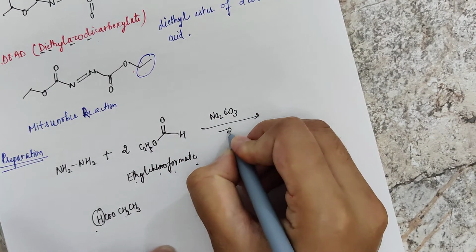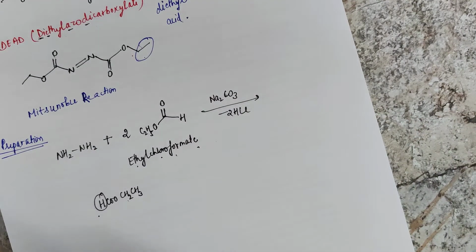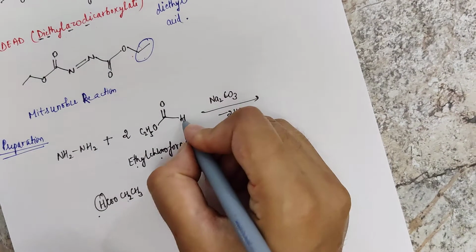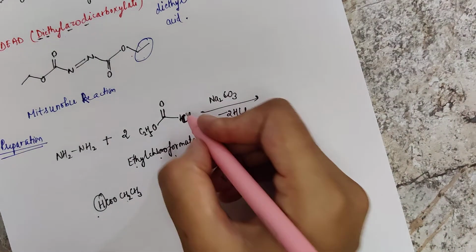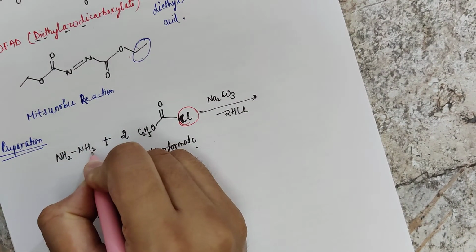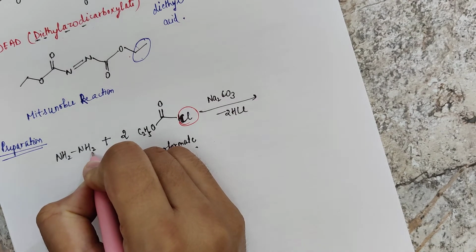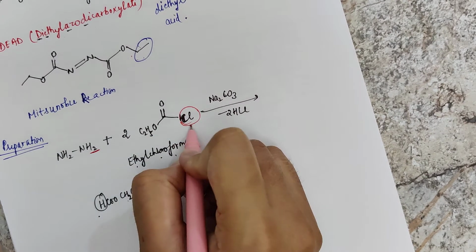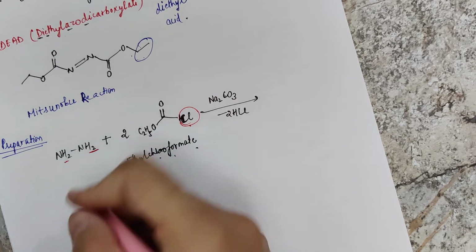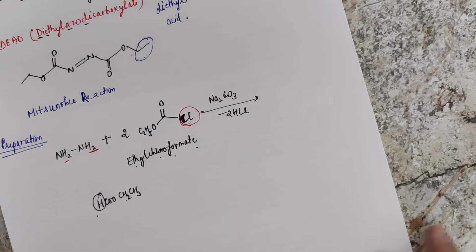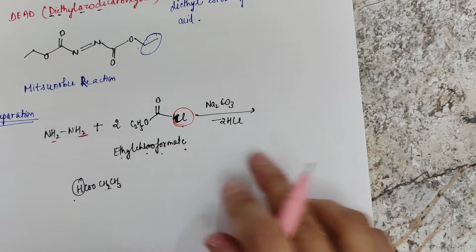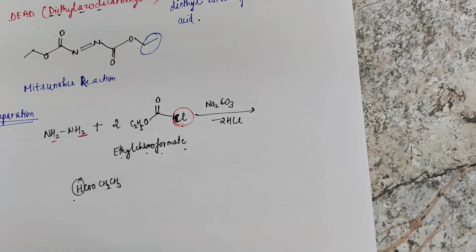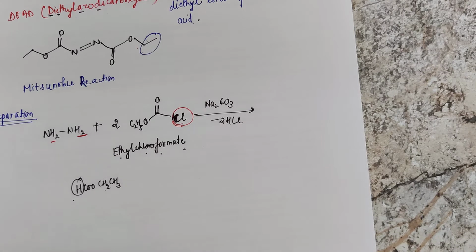In the presence of sodium carbonate, basically what is happening: chlorine group is here. So one chlorine and one hydrogen from here and another chlorine and another hydrogen from it will be eliminated as HCl, and you will obtain, let's say, an alkylated product.